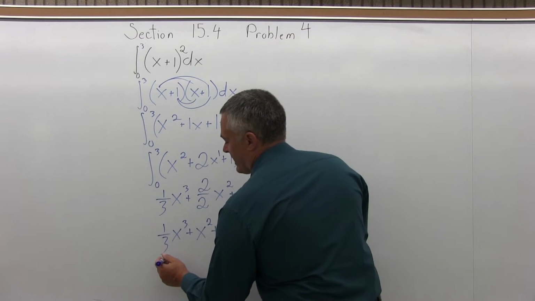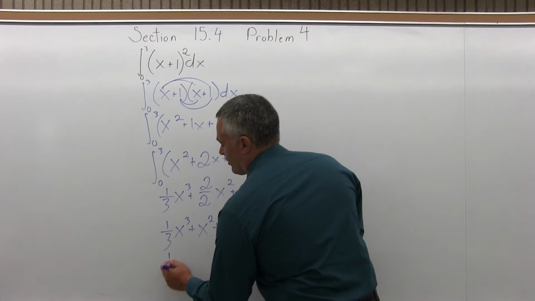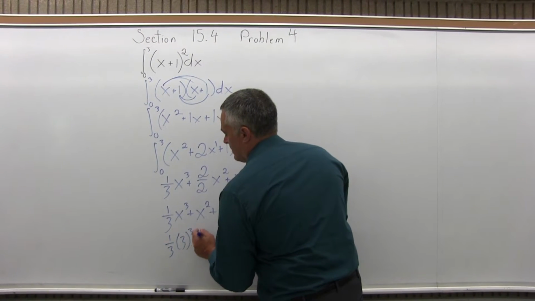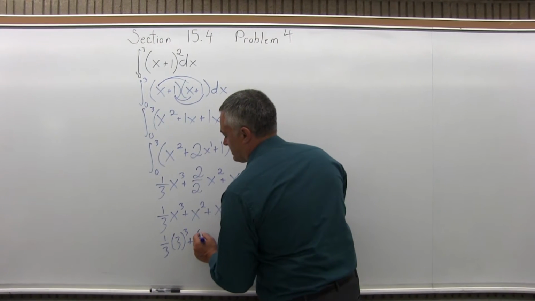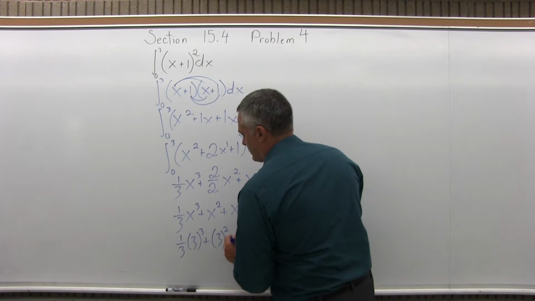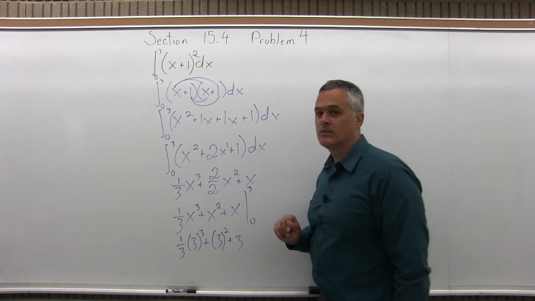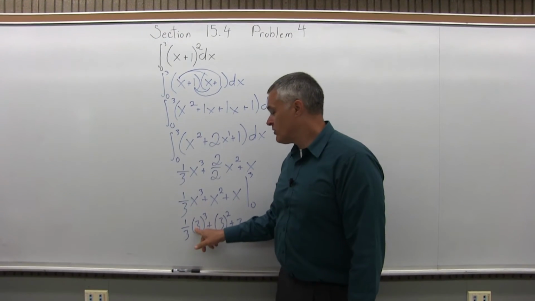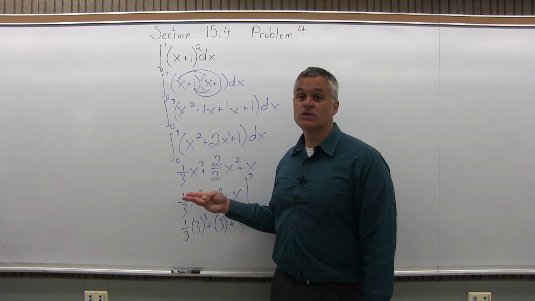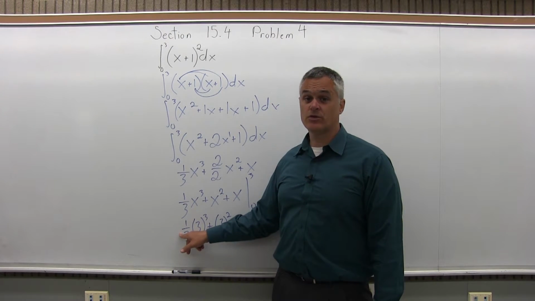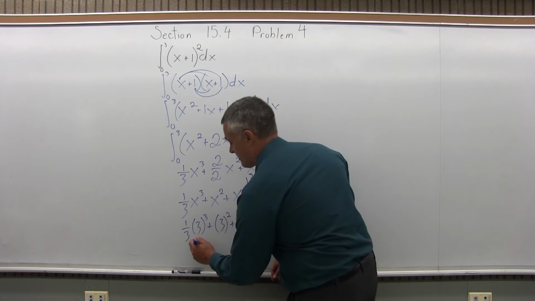So my 1/3 x cubed will become 1/3 times 3 cubed. Plus x squared will become plus 3 squared. Then plus x will become plus 3. So now we'll do the math. 3 cubed, 3 times 3 times 3 is 27, but times the 1/3 in front, 1/3 times 27 is 9.